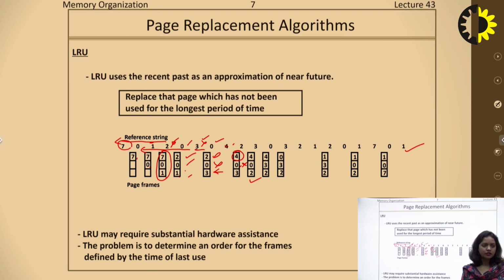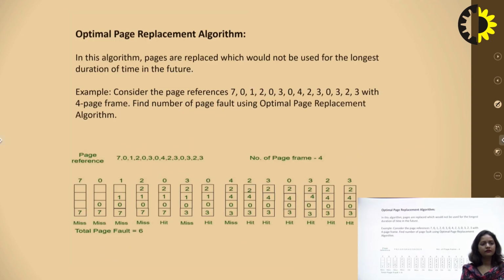And for improving it, we have another algorithm known as the optimal page replacement algorithm. In optimal page replacement, the pages that would not be used for the longest duration of time in the future are replaced. Previously, in LRU, we looked at the past, but in optimal page replacement we access the future string.